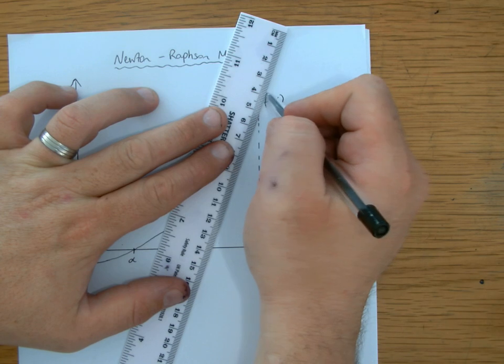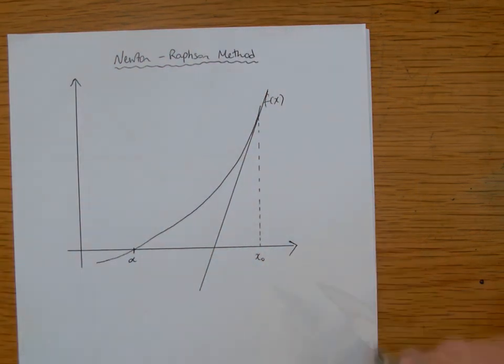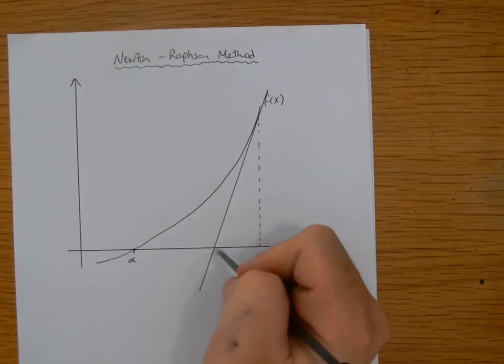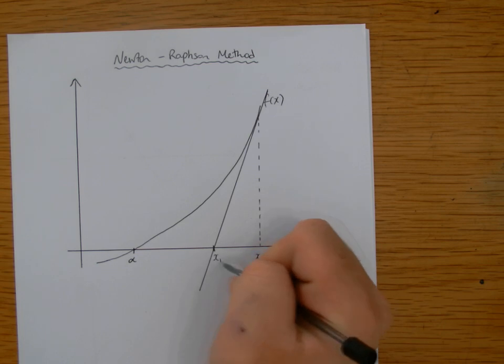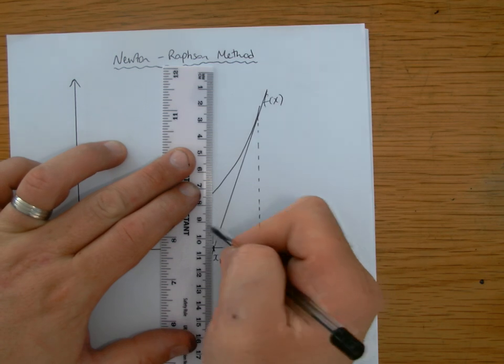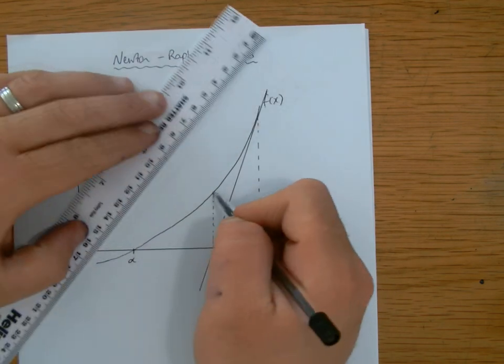So I'll draw my tangent there, like that. What the Newton-Raphson method does then is, where this tangent cuts the x-axis, which is here, that will be my x1 value. So I would go up to the curve to find my x1 value, which is there on the curve, and we go through the same process again.